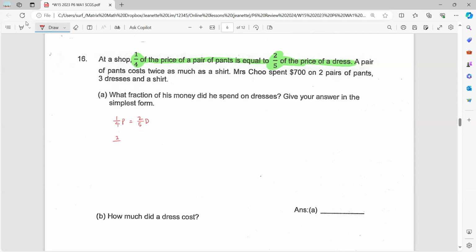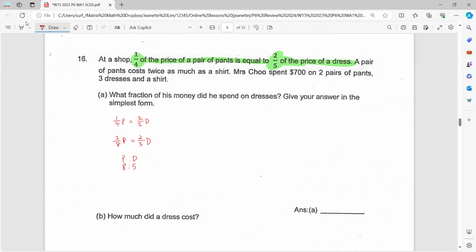So change this to 2/8, because the numerator common multiple is 2. So once you've done this, the ratio of the pair of pants to the dress will follow the denominator, which is 8:5. So a pair of pants is 8 units, a dress is 5 units.